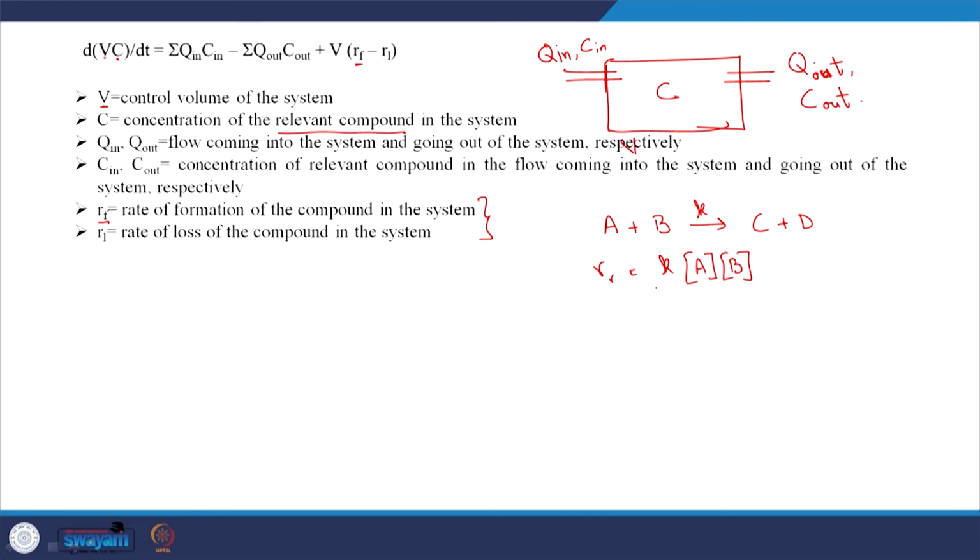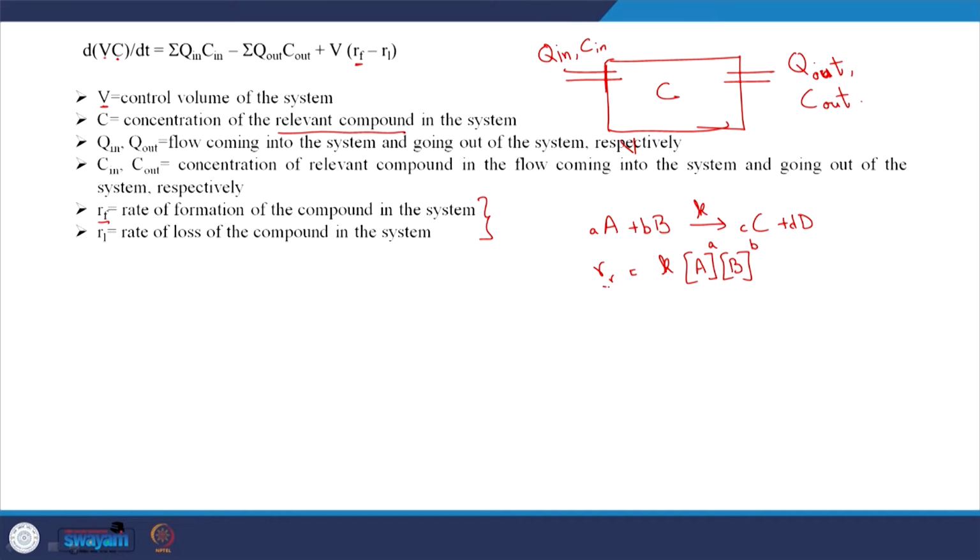But if I transform it such that I have, let us say, these are the stoichiometric coefficients, right, then what is this rate equation going to be like? K times concentration of A raised to its stoichiometric coefficient and concentration of B raised to its stoichiometric coefficient.